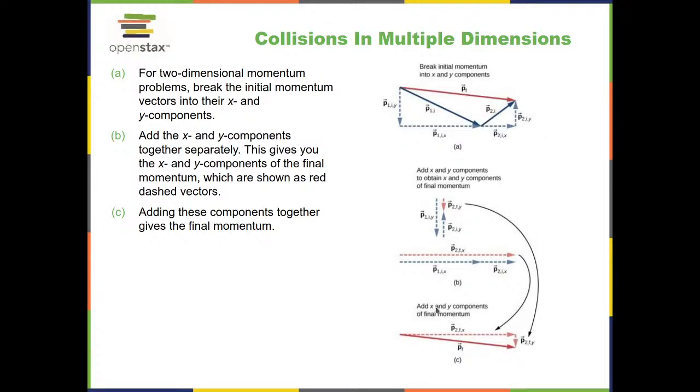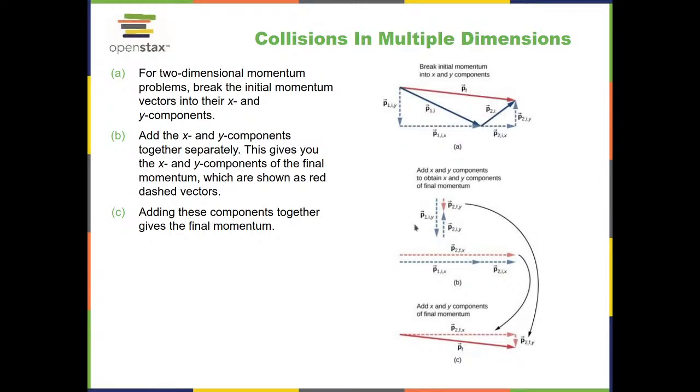If we have 2 particles in the initial state that stick together to form a final momentum, then the 2 initial momentum vectors will have to add up to the final momentum vector, which means the y components will have to add up to the y component of the final momentum, and the x components will have to add up independently as well.